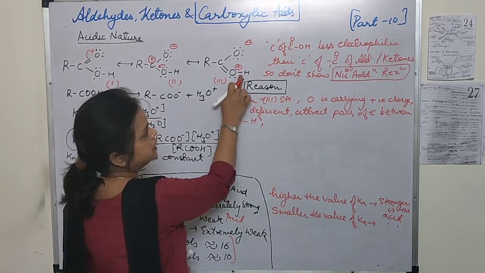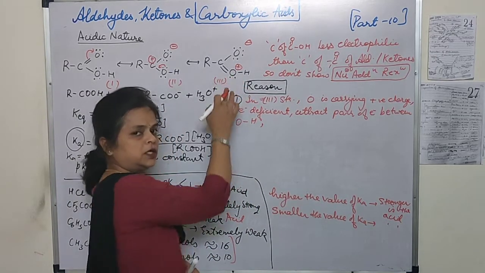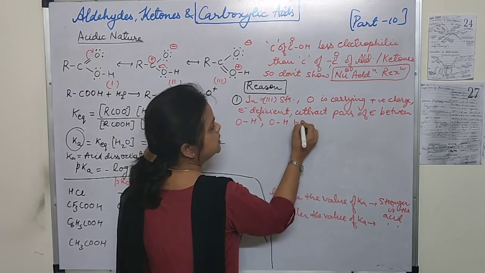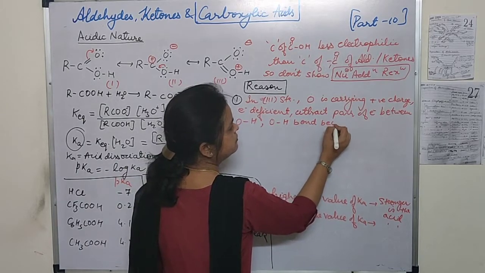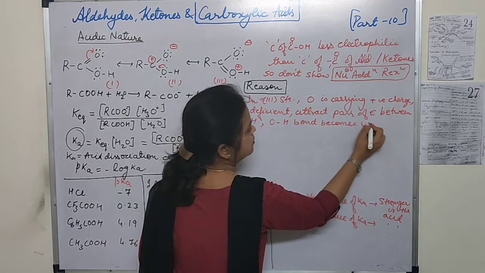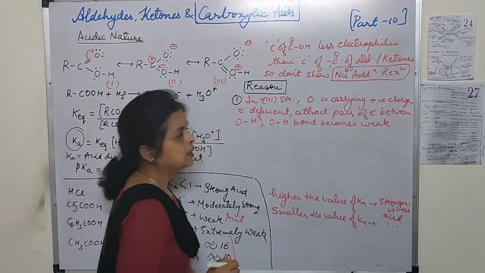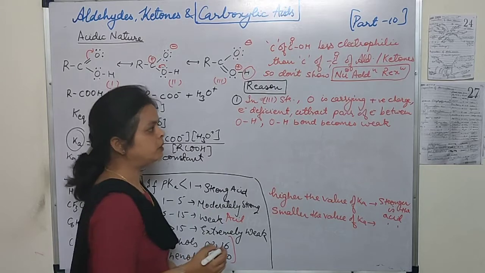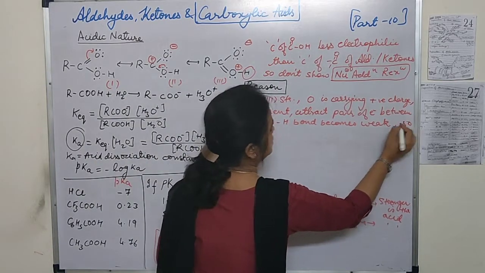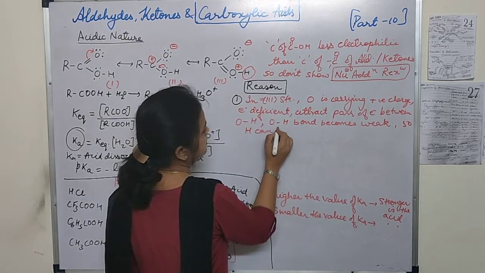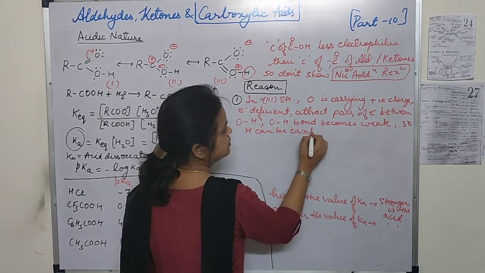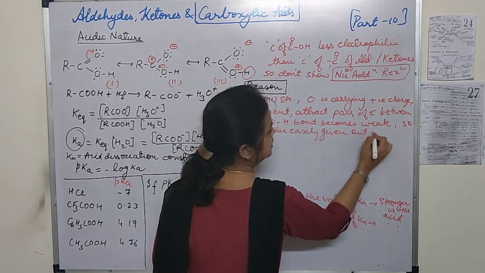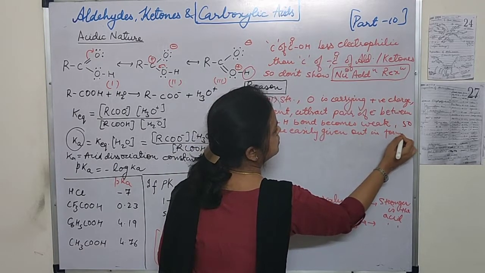If the electron pair of this bond is attracted towards it, then what will happen? The OH bond becomes weak. Isn't it? Now this H can easily be given out in the form of proton. So H can be easily given out in the form of H plus.